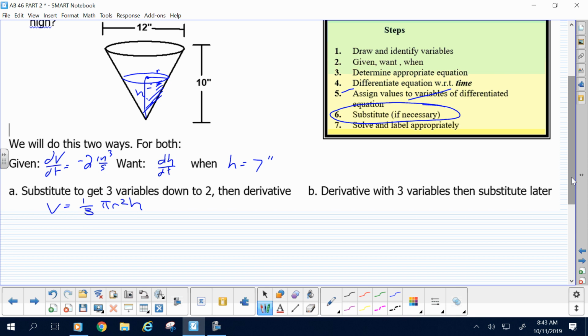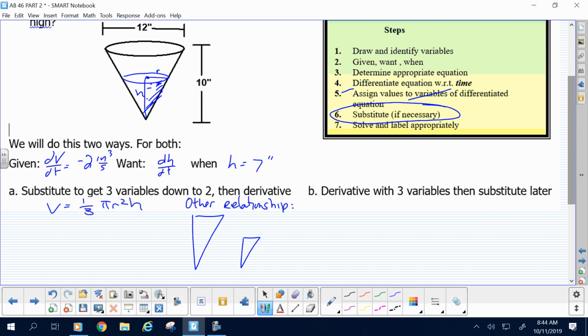So what is another relationship to substitute? Look for another relationship that you can use to substitute. This is one of those hard parts, because every problem is different. Is there any relationship between the radius and the height besides the cone volume? Triangles, beautiful, okay. So although the water is different than the cup, they are the same shape if I cross section, yeah?